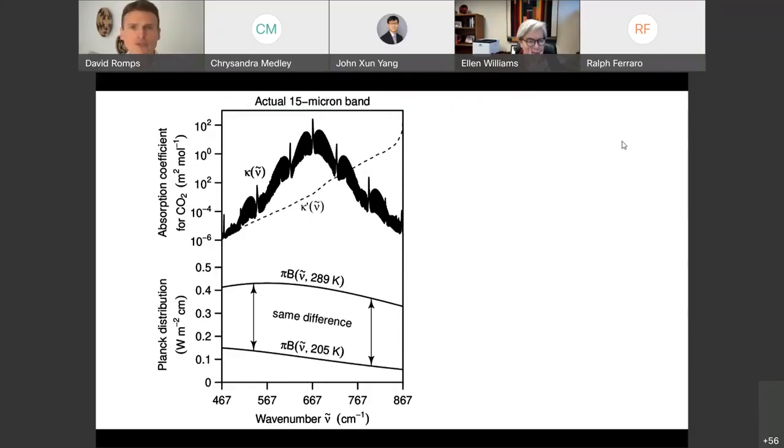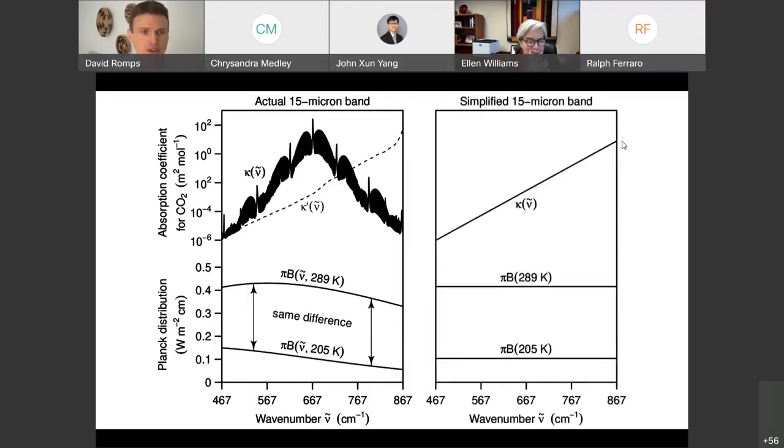So with these two things that we've noted, we can greatly simplify the spectrum of CO2 and the Planck distribution as well. We can replace what looks like something complicated on the left-hand side with our simplified version on the right-hand side, where I've made the Planck distribution independent of wave number, because for forcing, all that really matters is differences with temperature.